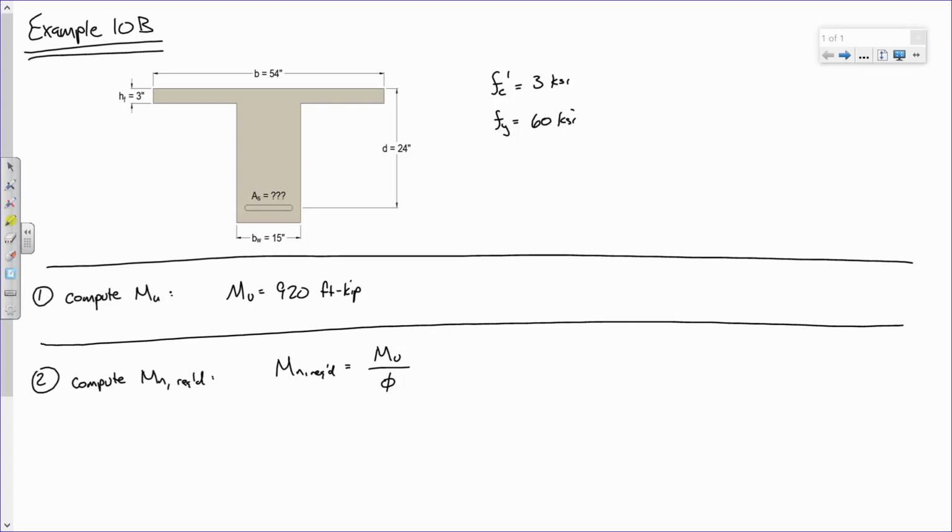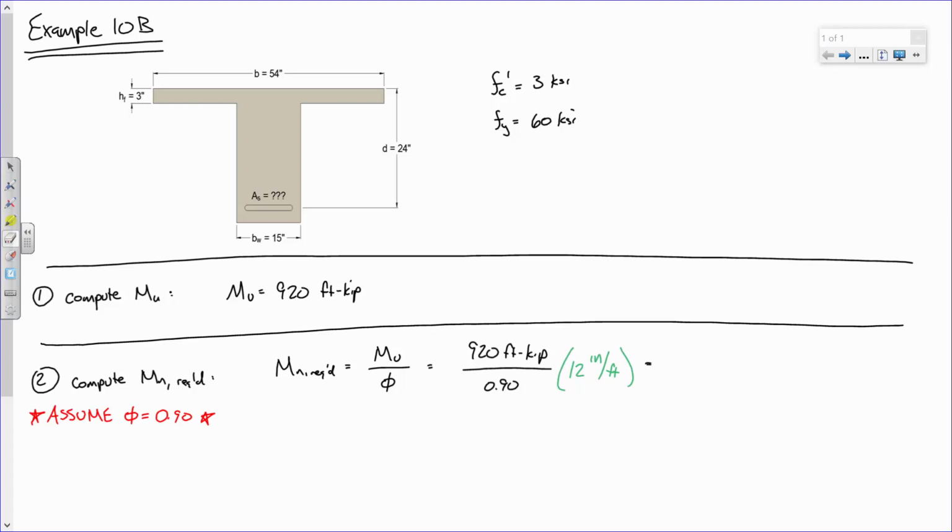And remember, in order to do this, we have to assume phi is 0.9. So that's 920 foot-kips over 0.9. And then let's go ahead and just do that now.